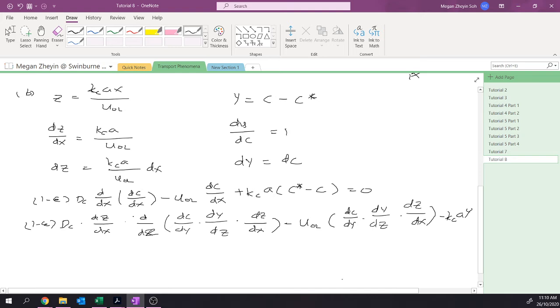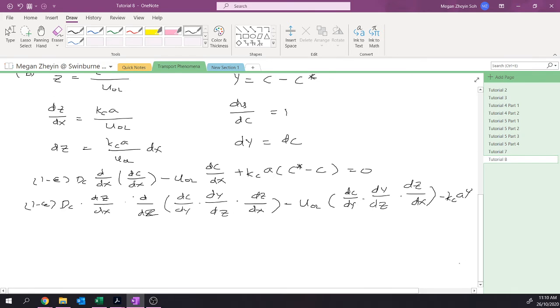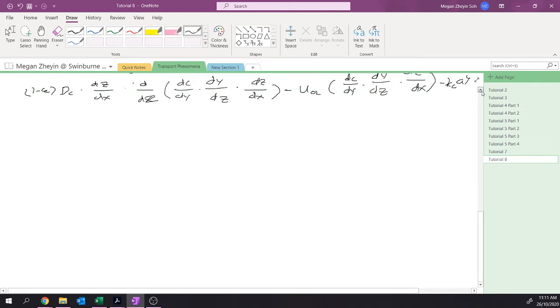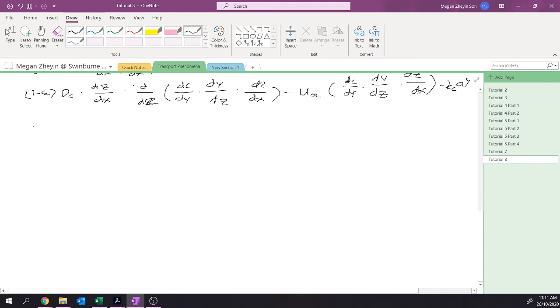Okay, now we can substitute everything in, which gives us this a little bit. So we get 1 minus epsilon dc.